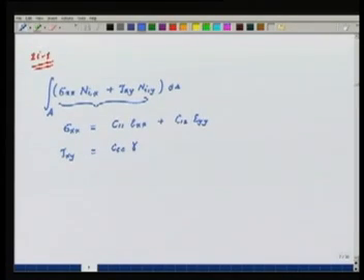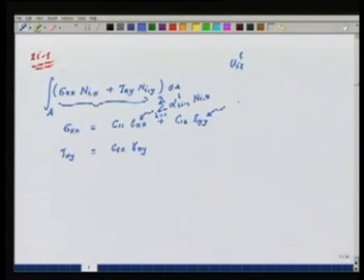C66 gamma xy. Now I know that u^h in the element is given by the representation we have done already. So exx is equal to the sum over I equal to 1 to the number of unknowns in the element, here we have taken 3, of alpha 2i minus 1 in the element times N I comma x.